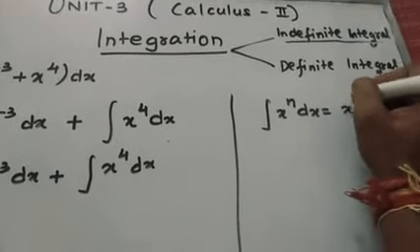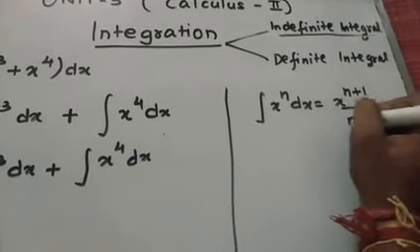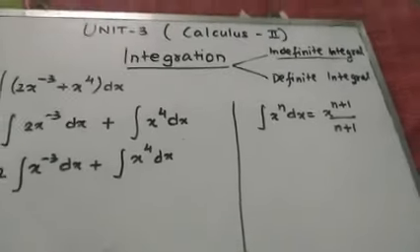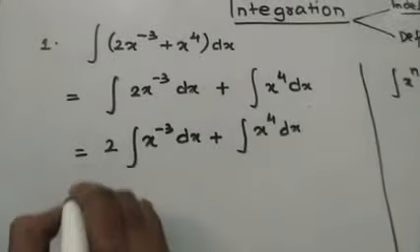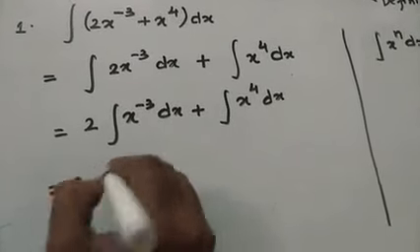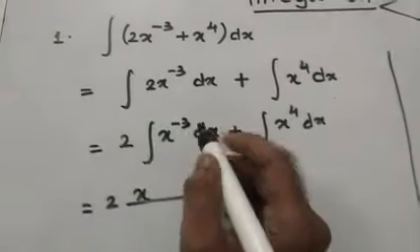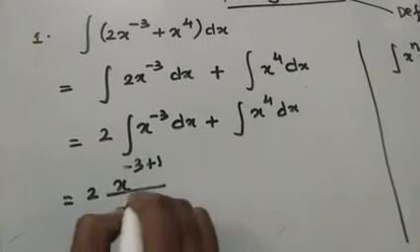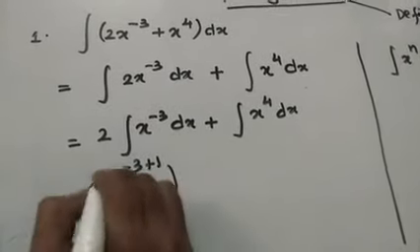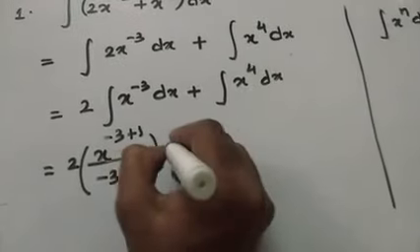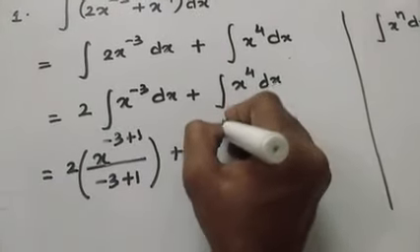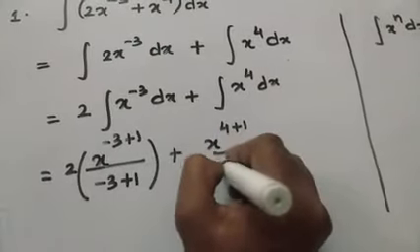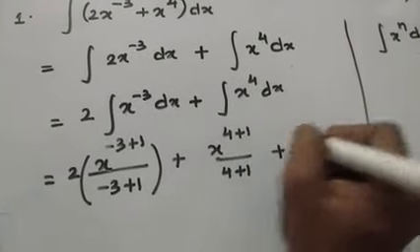It is x to the power n plus 1 divided by n plus 1. So we will use that here. What is the n here? Minus 3. So x to the power minus 3 plus 1 divided by minus 3 plus 1 in the bracket, plus x to the power 4 plus 1 divided by 4 plus 1, plus c.